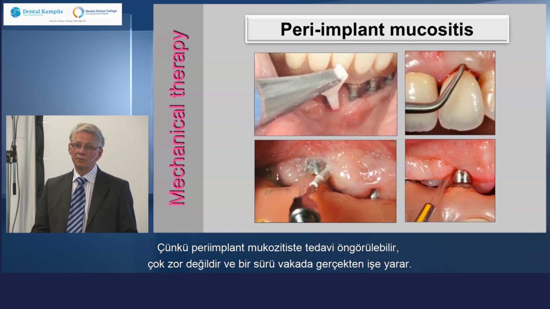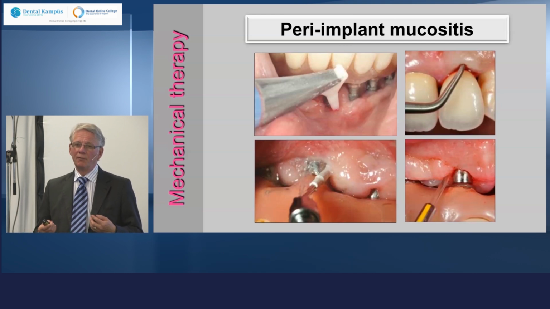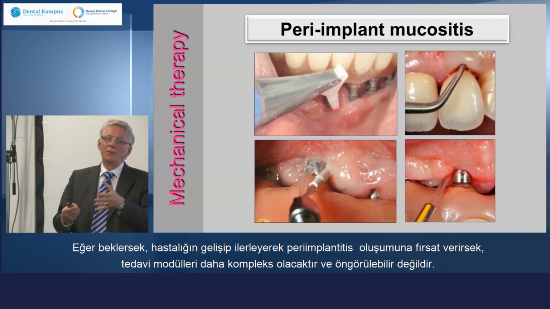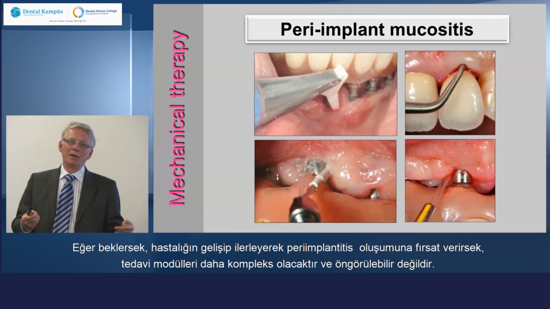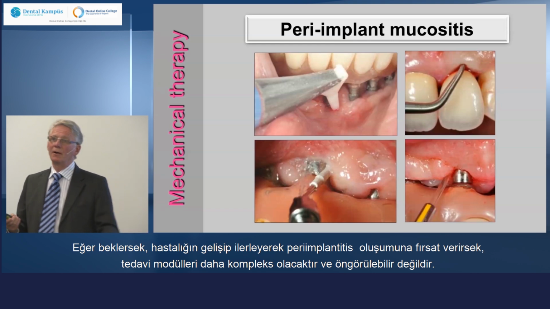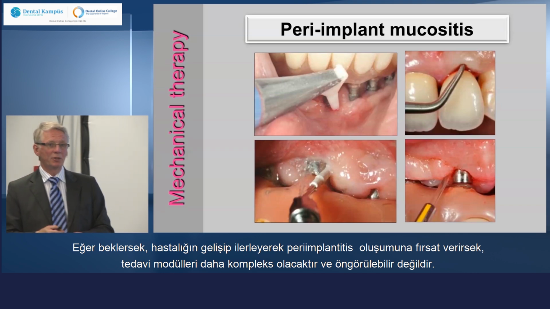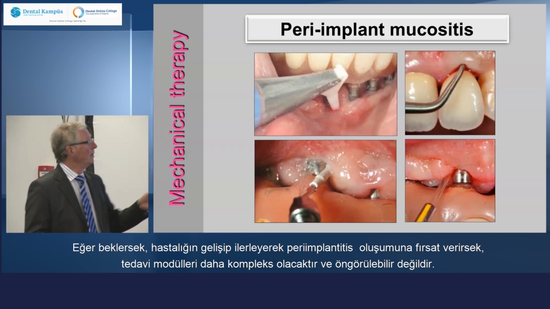It's not so difficult, and in many cases it really works. If we wait and allow the disease to continue and develop into peri-implantitis, the treatment modalities are more complex and not so predictable any longer.